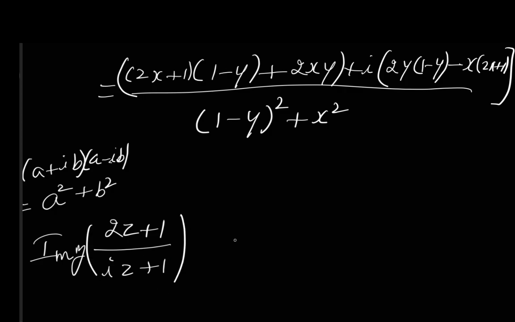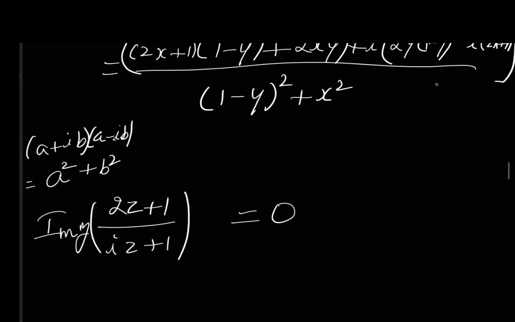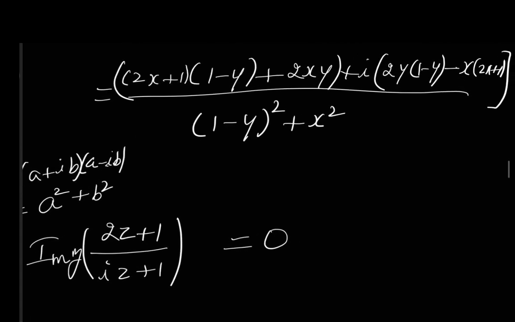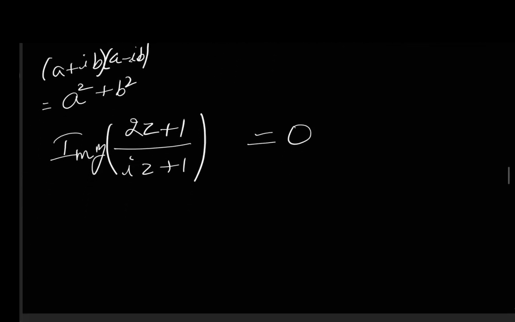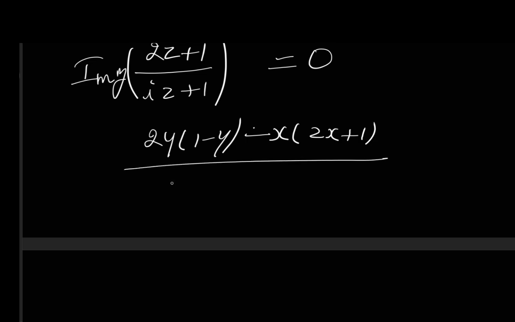They have given this is equal to 0. So the imaginary part is 2y into (1 minus y) minus x into (2x plus 1), divided by (1 minus y) the whole squared plus x squared, is equal to 0.